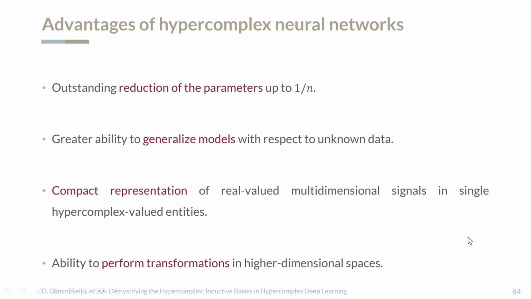So to conclude, why do we need to use hypercomplex models? Of course, because we can have a good improvement from the point of view of the effectiveness of the models, related to the inductive bias that is intrinsic in the models that we developed.